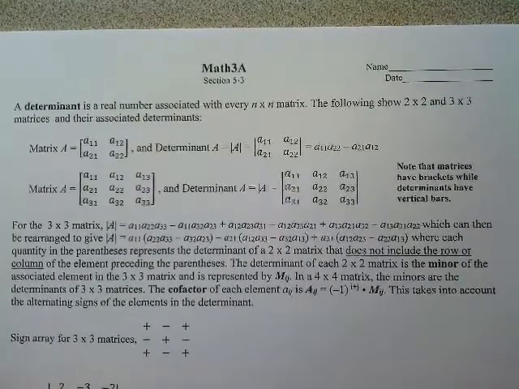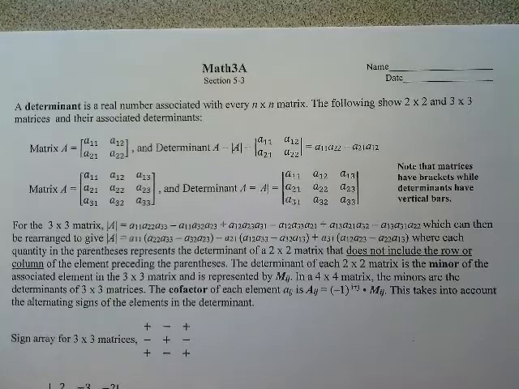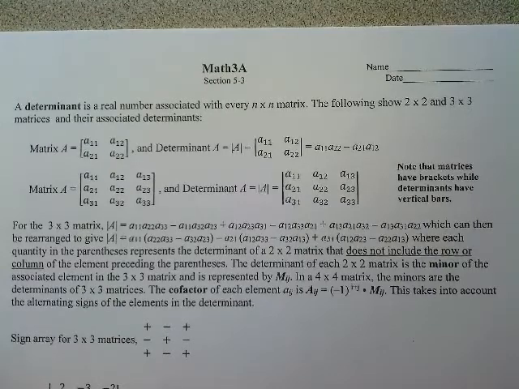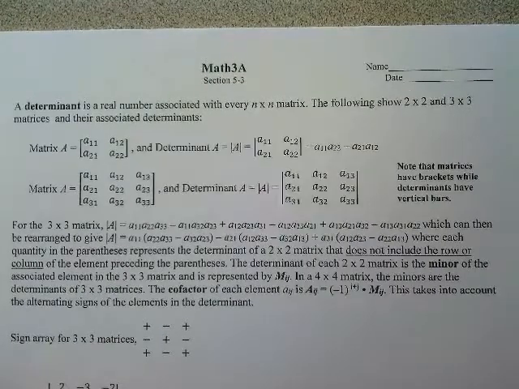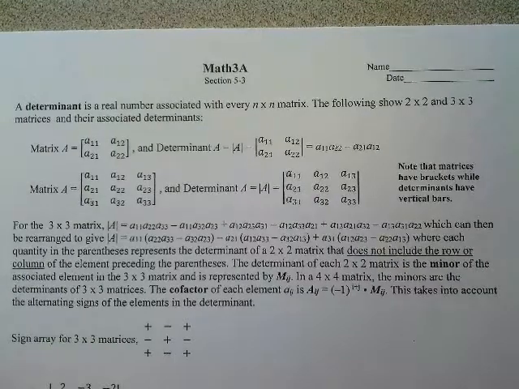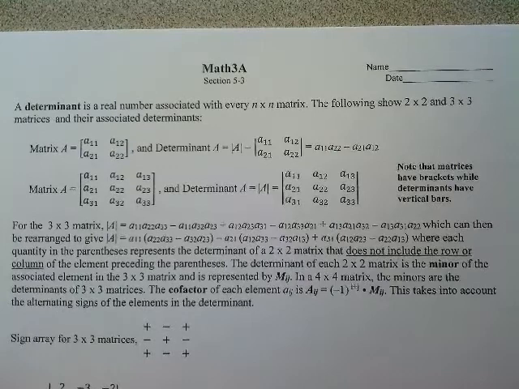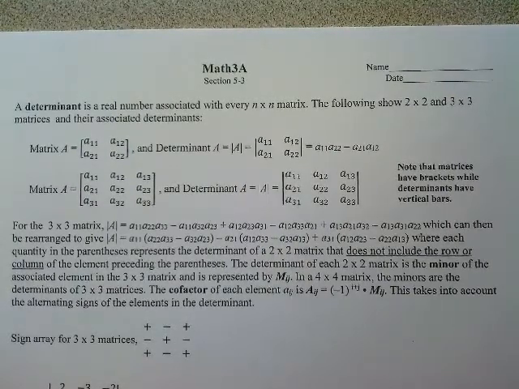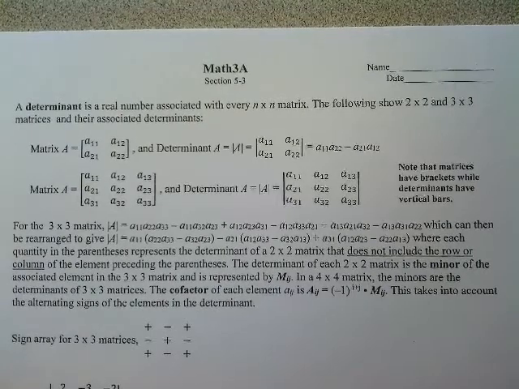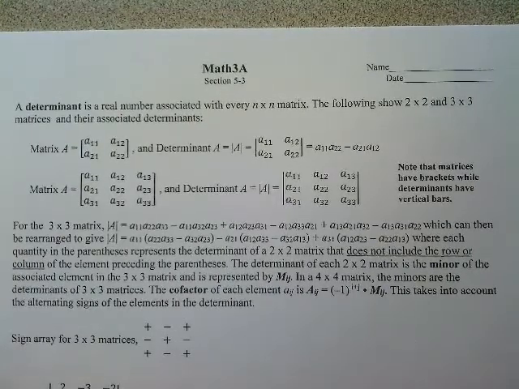Okay, today we're going to look at another property of matrices. We're going to look at what's called a determinant. A determinant is a real number, a value that is associated with the matrix, a way of saying that the matrix can be represented by a single number.